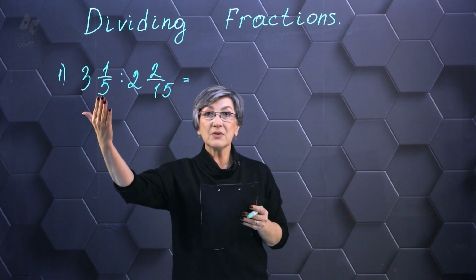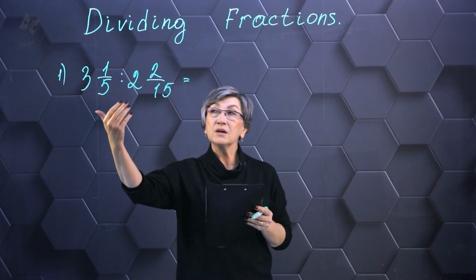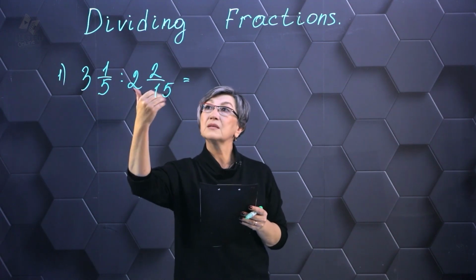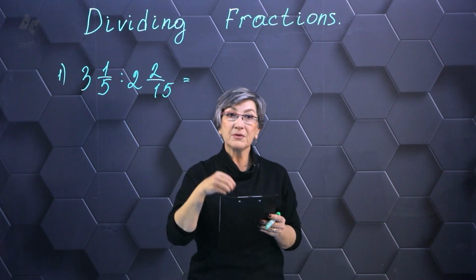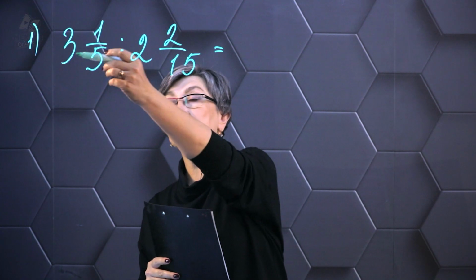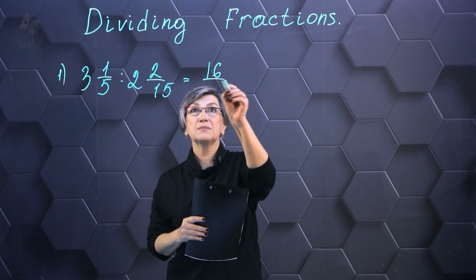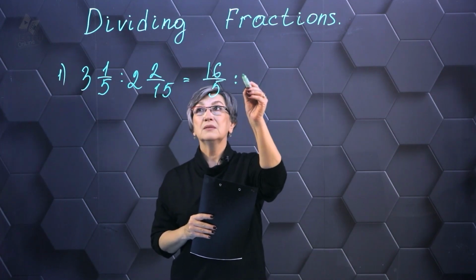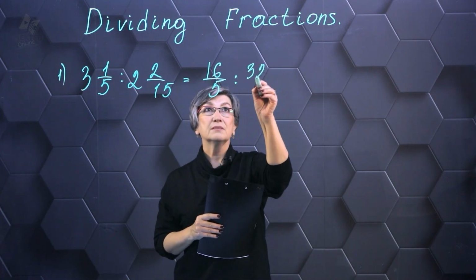So here I'm going to convert 3 whole 1/5 and 2 whole 2/15 to improper fractions. The result is 16/5 divided by 32/15.